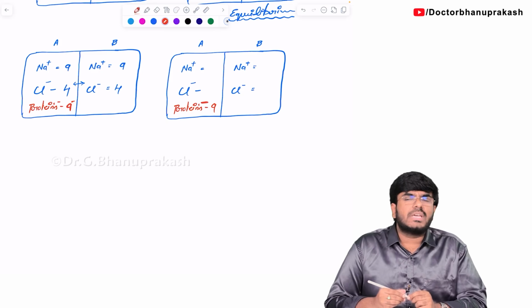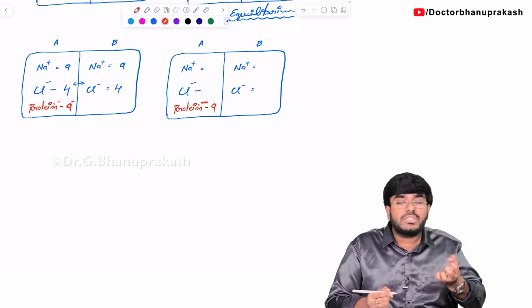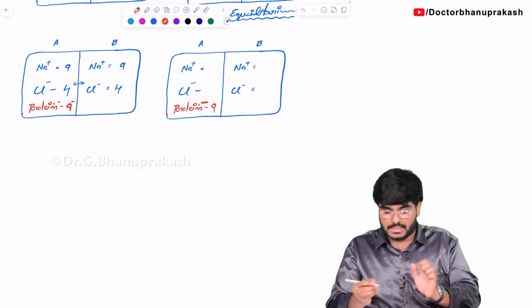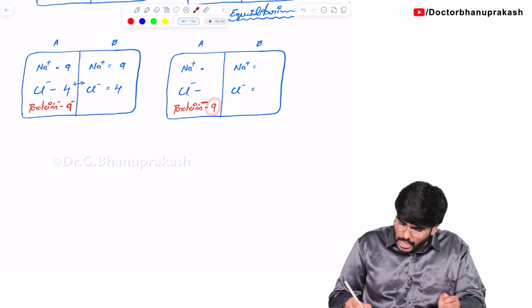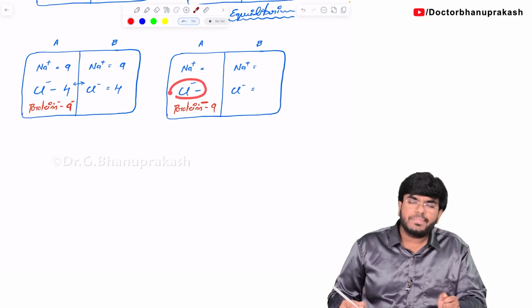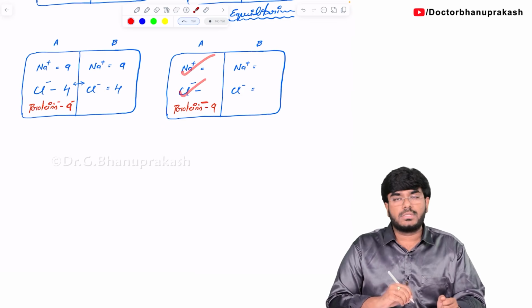These proteins are negative charges, so they are going to attract more positive charges towards them, and the negative charges are going to repel negative charges. These negative charges are going to affect the permeability of the sodium ions and the distribution of the chloride ions. How, sir?